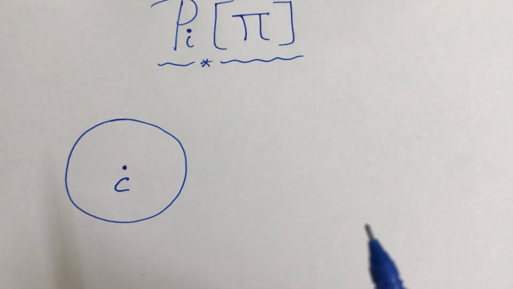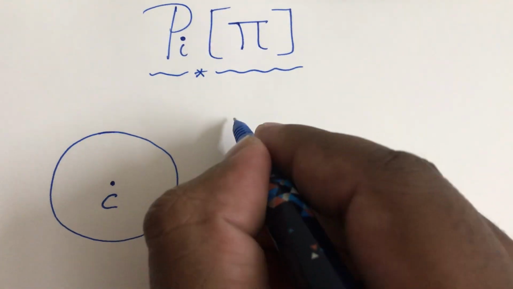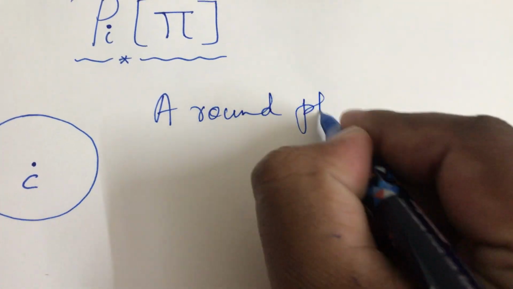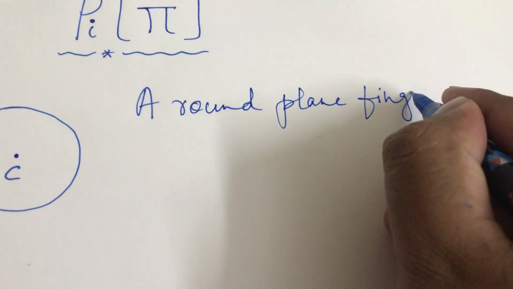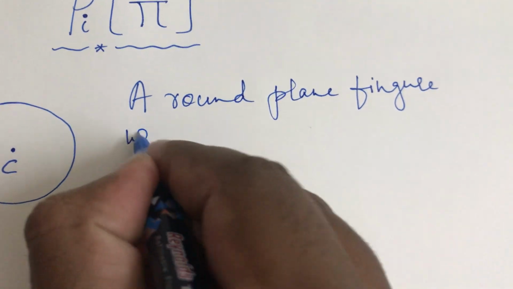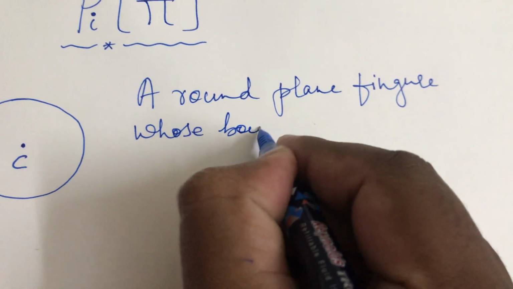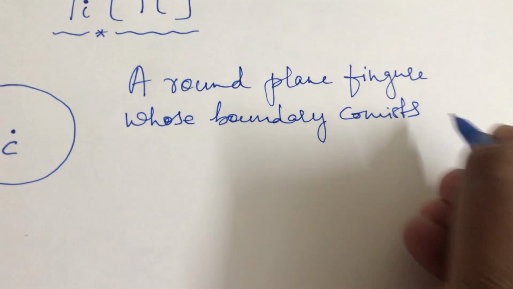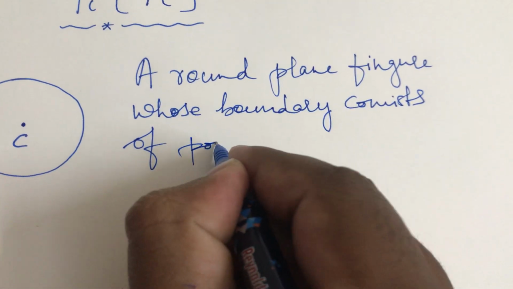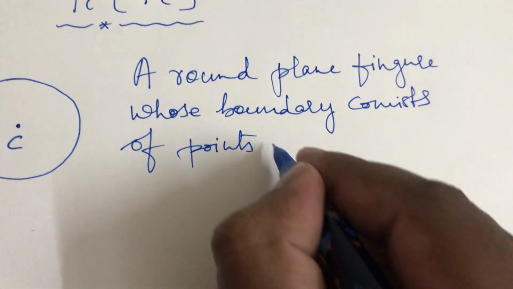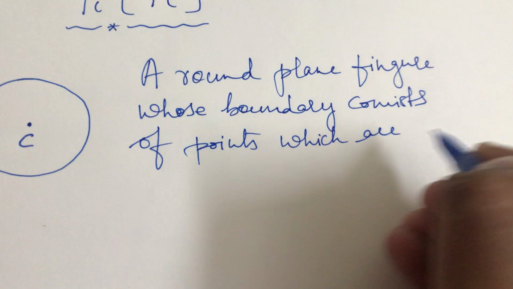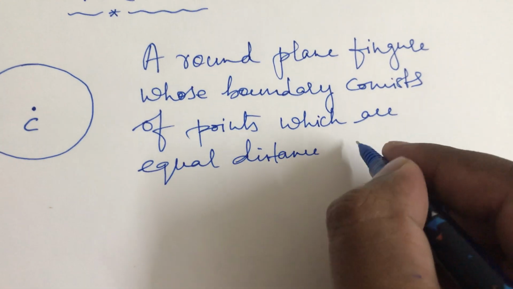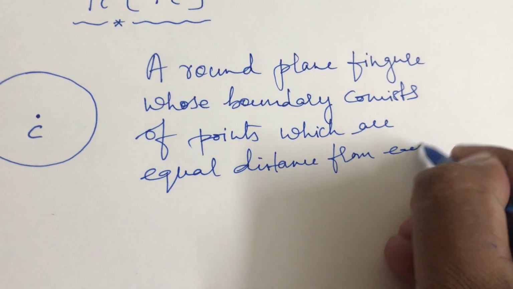We will represent it with the letter C. A circle can be defined as a round plane figure whose boundary consists of points which are at equal distance from each other.